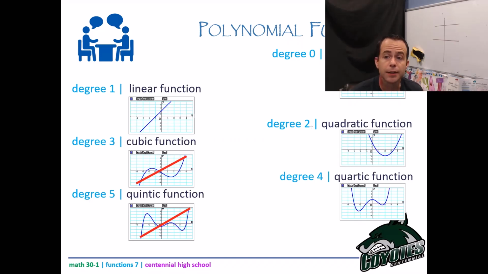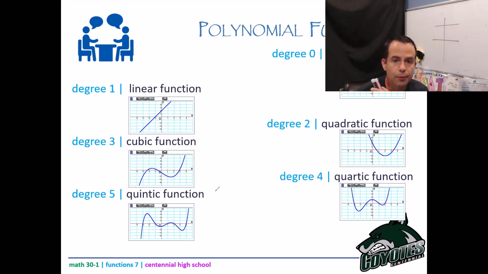Okay, the degree 2 gives me that parabolic shape, but the degree 4 also behaves generally parabolic like that. There's just funky stuff happening in the middle. So any odd degree is going to have similar properties to a line, and any even degree is going to have similar properties to a quadratic or a parabola, okay?